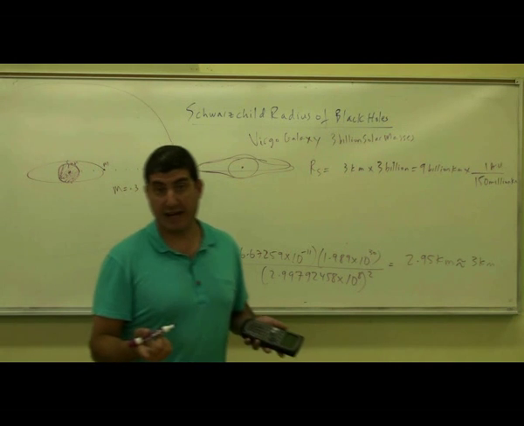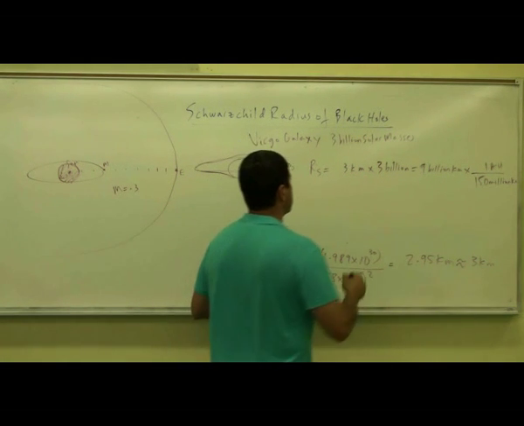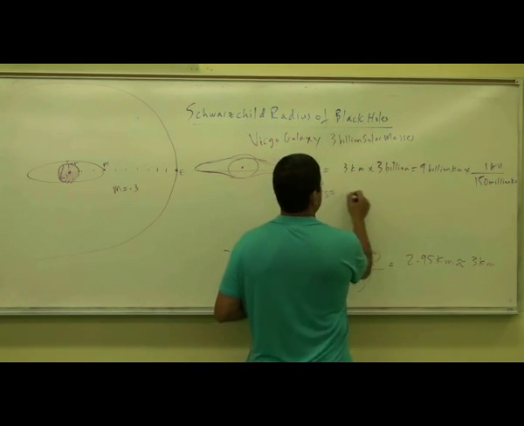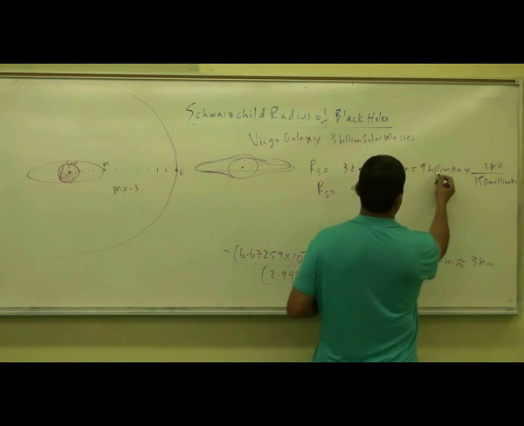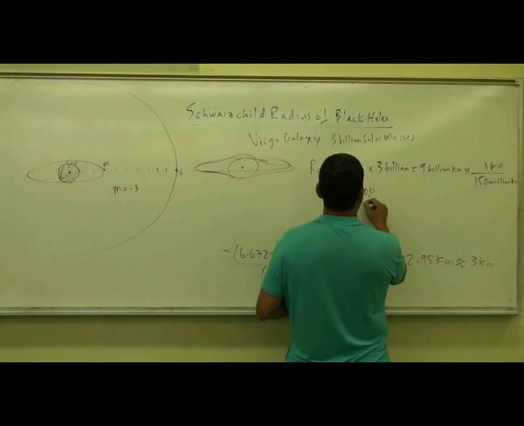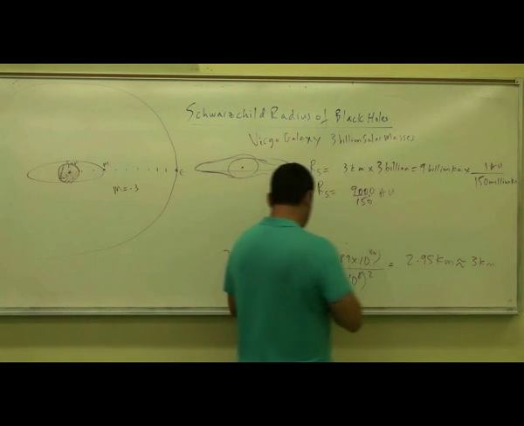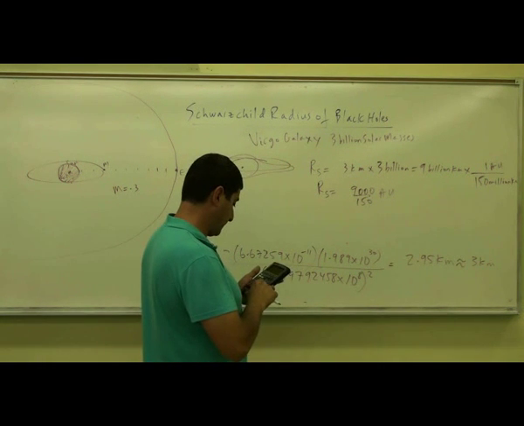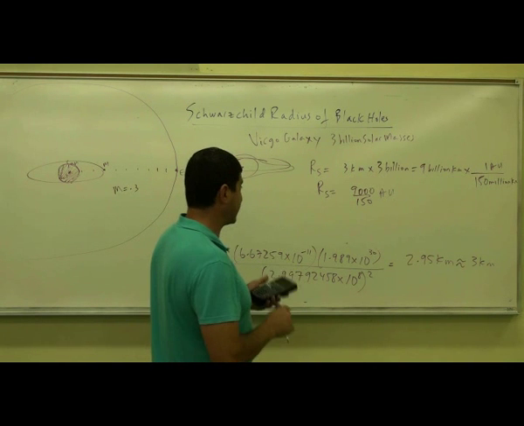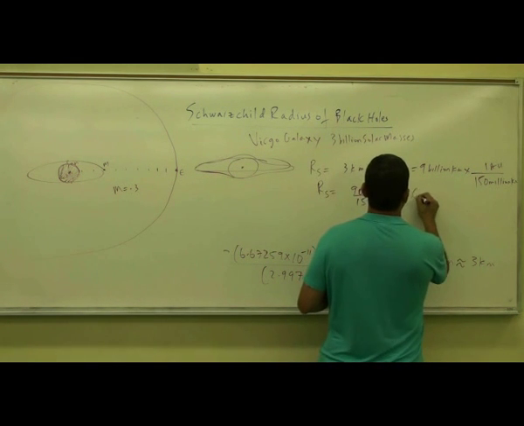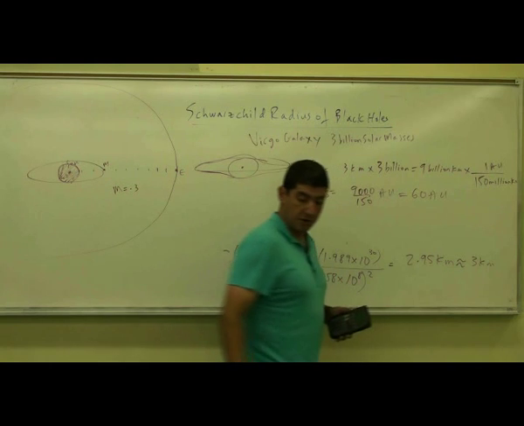A billion is 1,000 million, right? So this is going to be 9,000 divided by 150 AUs. So 9,000 divided by 150, that's 60 AUs.